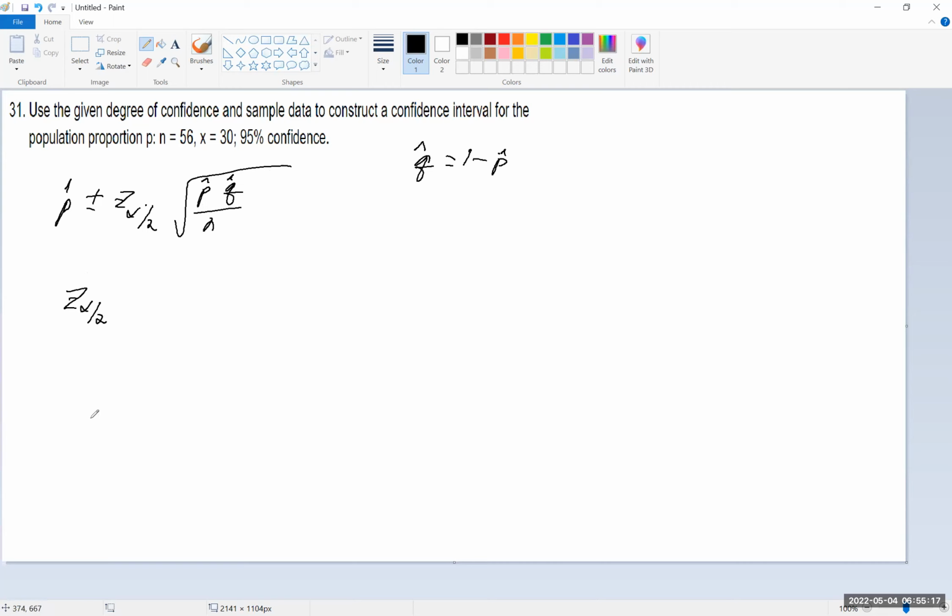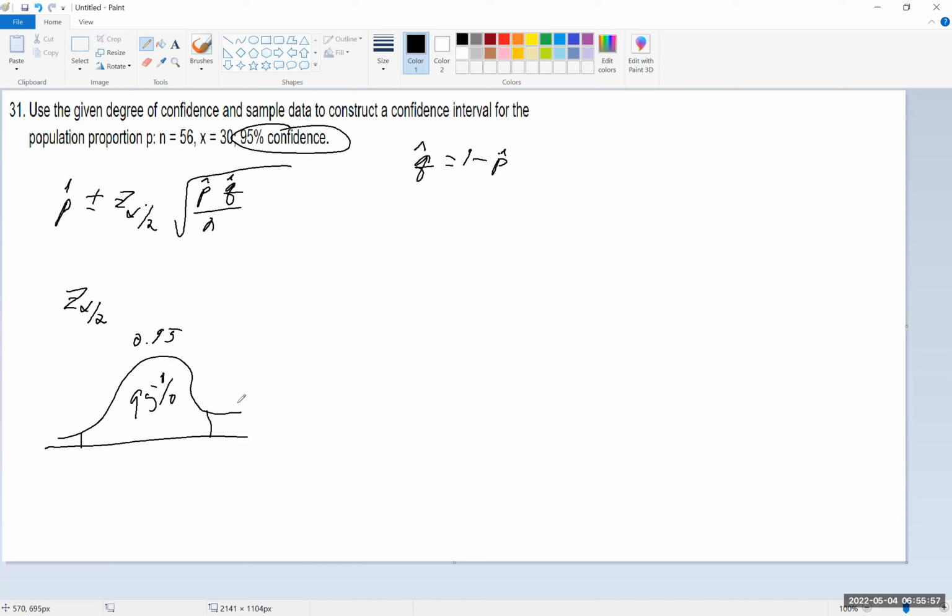And so you have to think of the margin of errors being distributed over a normal distribution. And we want to find a 95% confidence interval. That means that 95% or 0.95 of the errors are going to be in this area.